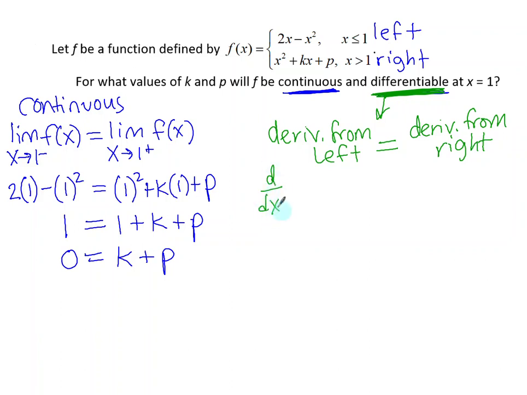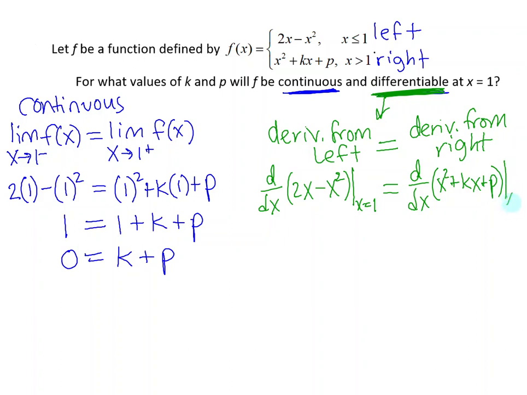d dx, the derivative with respect to x of the function from the left side of 1, 2x minus x squared. Now specifically, we want the derivative when the x value equals 1. We want that to equal the derivative with respect to x from the right, x squared plus kx plus p when x equals 1.